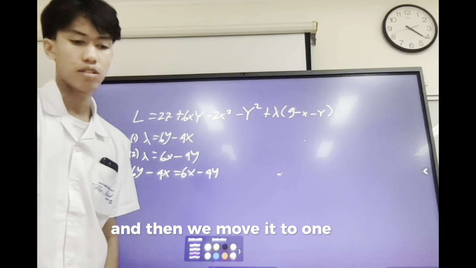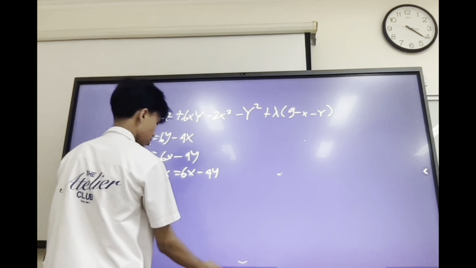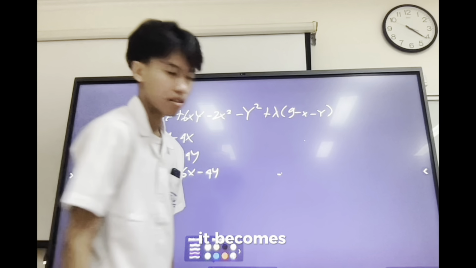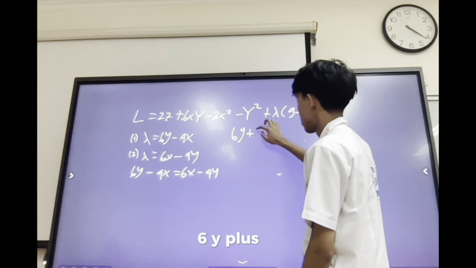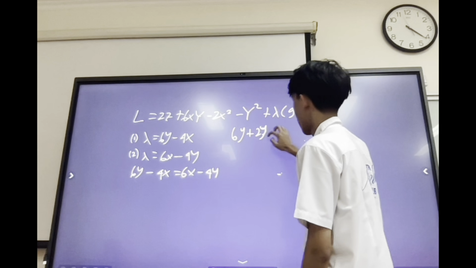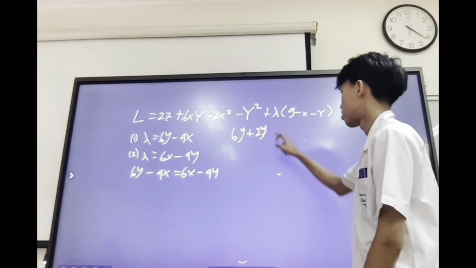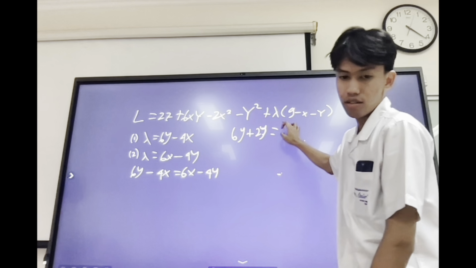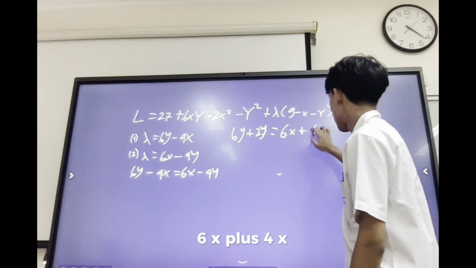And then we move it to one side, so it becomes 6y plus 2y equals 6x plus 4x.